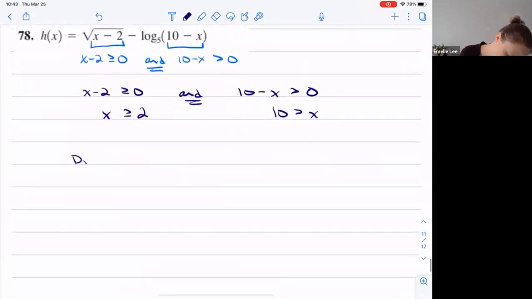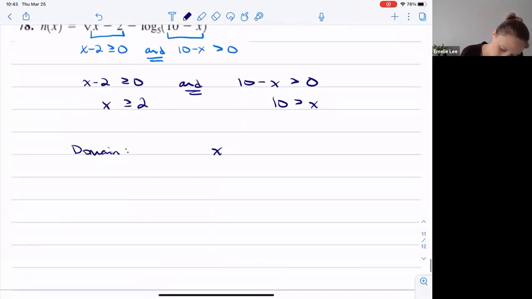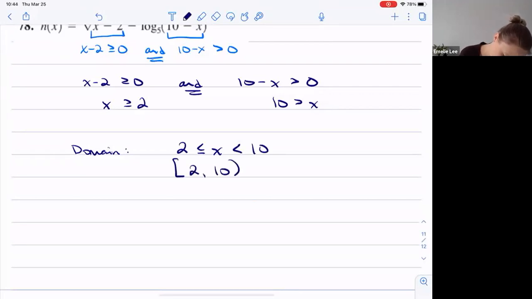So then the domain is that x is greater than or equal to 2, but less than 10, right? Or if you prefer, 2 to 10, round bracket. Okay.